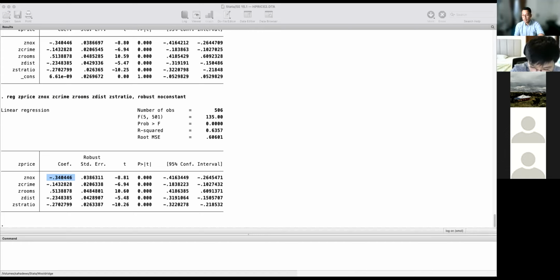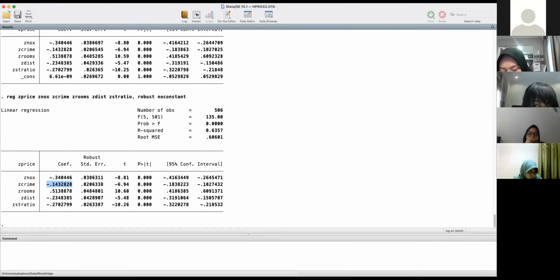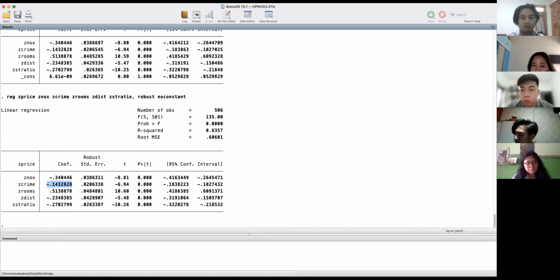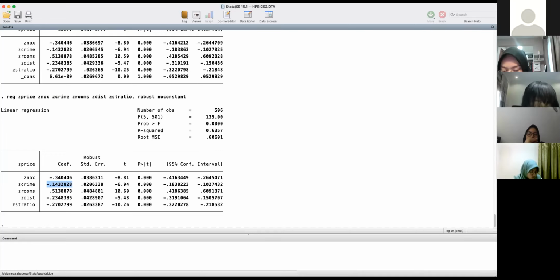I'm going to provide one more opportunity for a student to interpret the estimated coefficient for the standardized crime. Anyone? Sir, if I may try. Sure, go ahead.